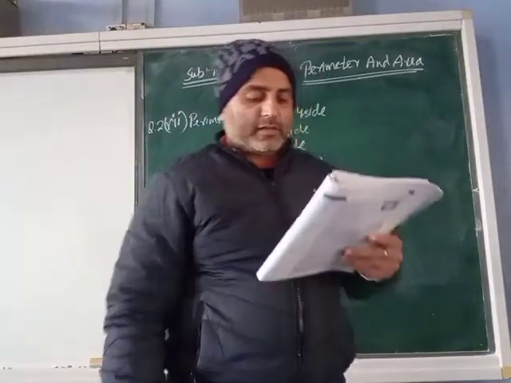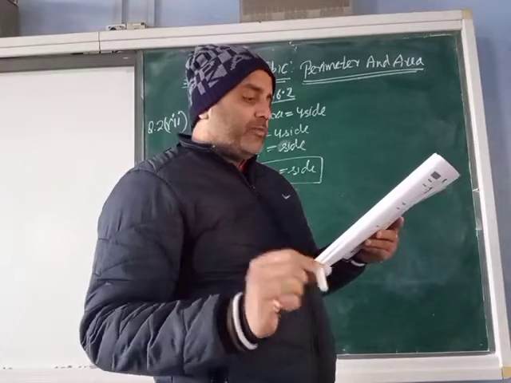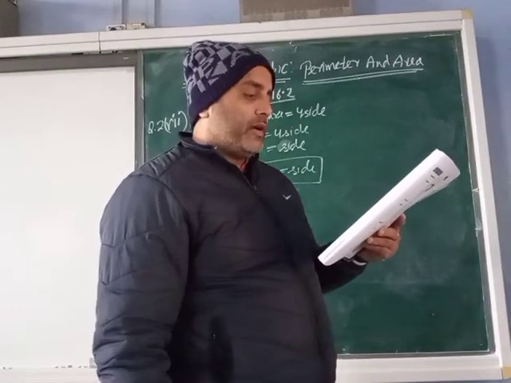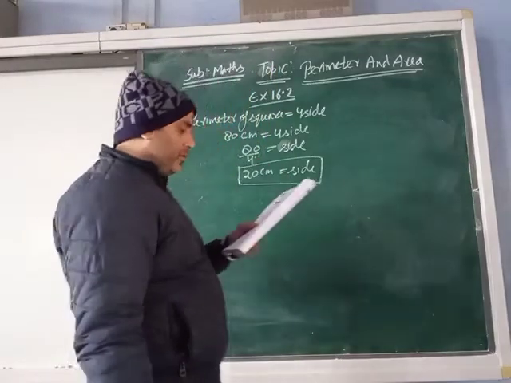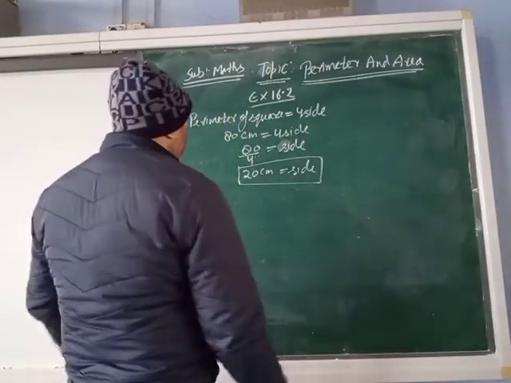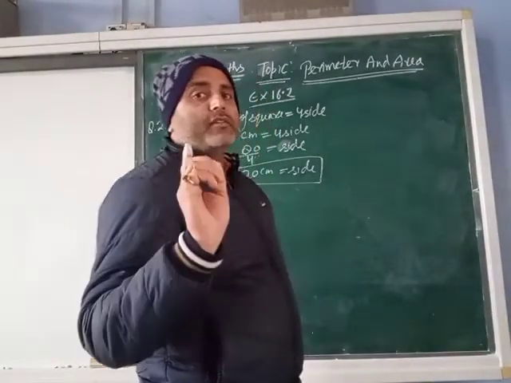Now once again see the question. The perimeter of the square is 80 centimeter, and the length of the rectangle is 25 centimeter; find its breadth and perimeter. The question says the area of the square and the area of the rectangle are the same.